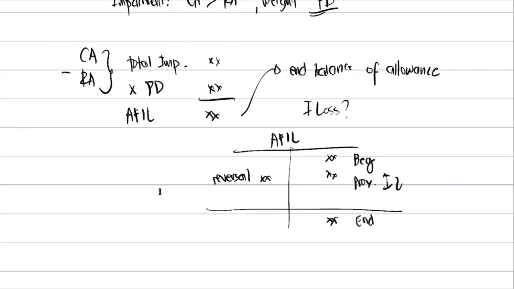So on January 1, year 1, loan 5 million, 10% to ABC.